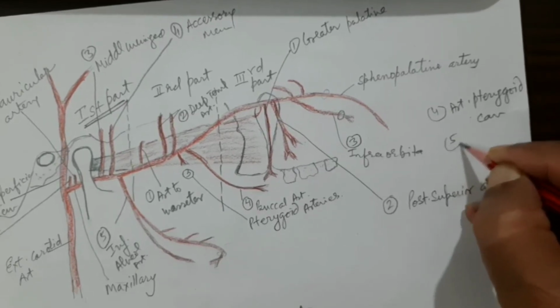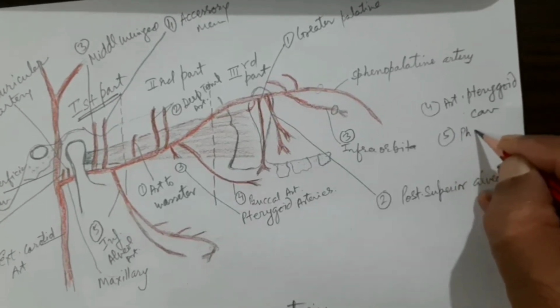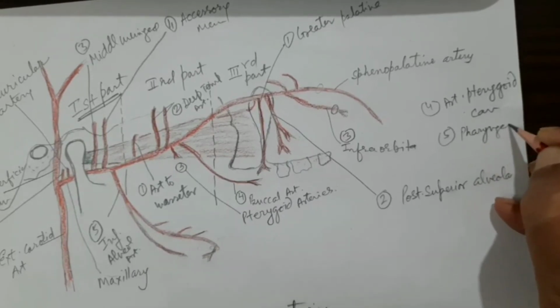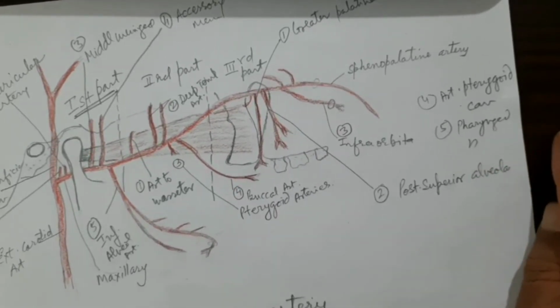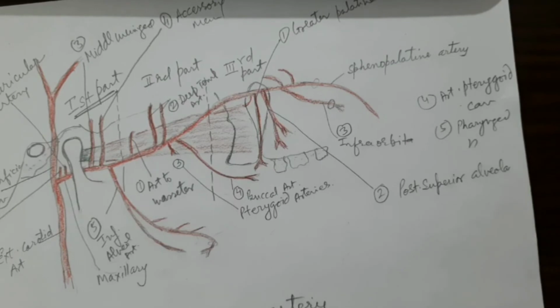And the fifth will be the pharyngeal branches. And what are the pharyngeal branches? This also passes backward.